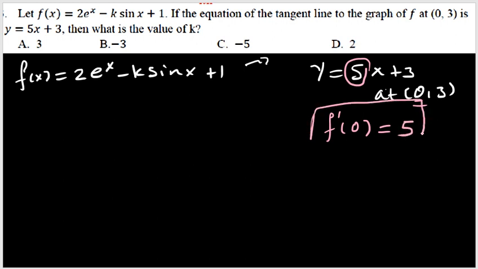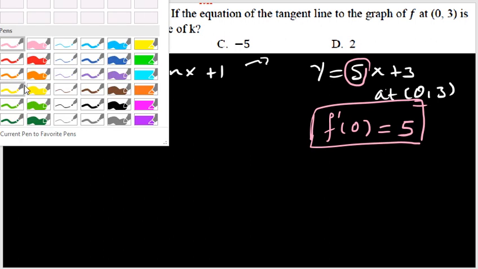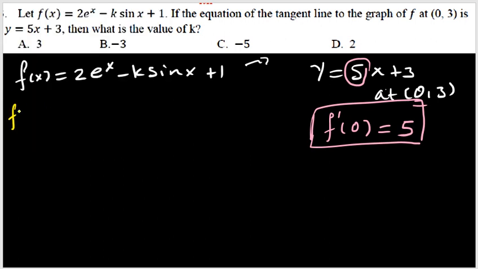We know this. So first of all, let's differentiate the function. The derivative of the function will be 2e to the power of x, because the derivative of e to the power of x remains the same, and the derivative of sine is cos, so minus k times cos x. The derivative of 1 is 0.